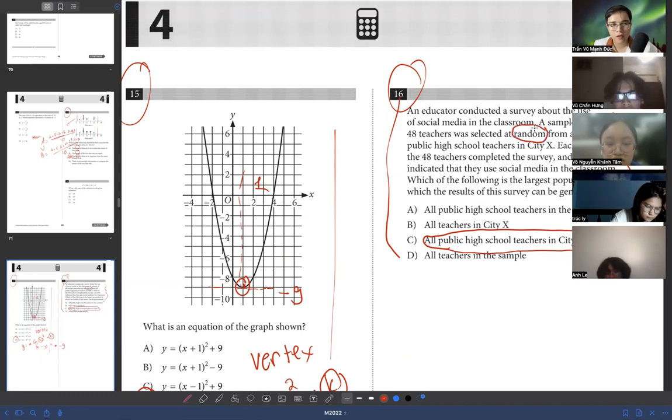At random, because this is picked at random from all public high school teachers in city X. And they're asking how it can be generalized, which is to the respective biggest population, the public high school teachers in city X. And because it is random, it is representative of every single public high school teacher in city X, not just the 48 teachers, because the 48 were picked at random. That's why it's representative. And that's why C is the correct answer. Very good.